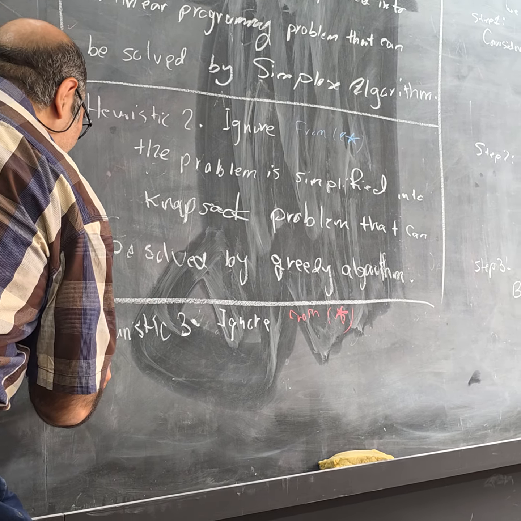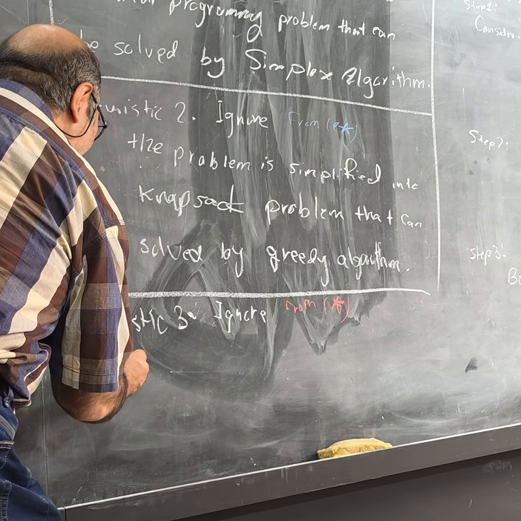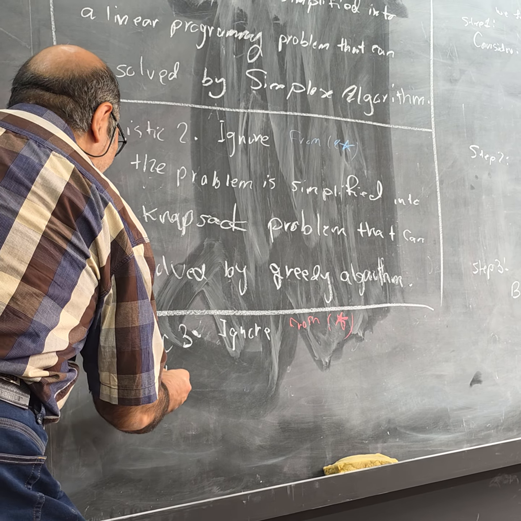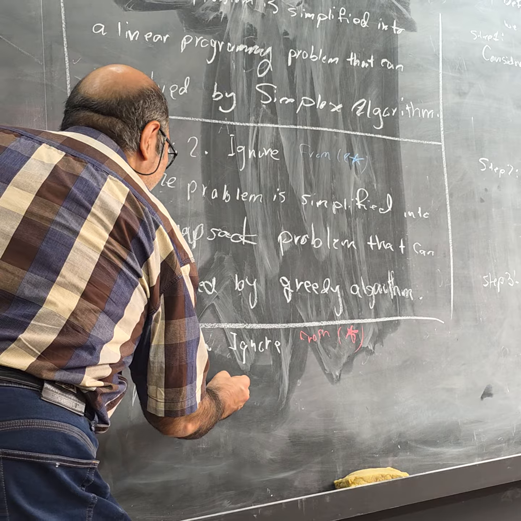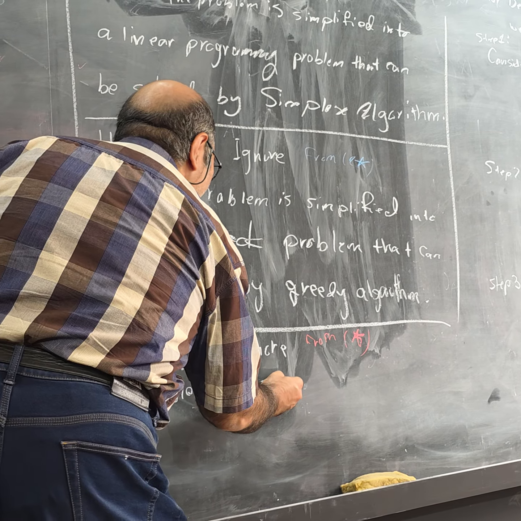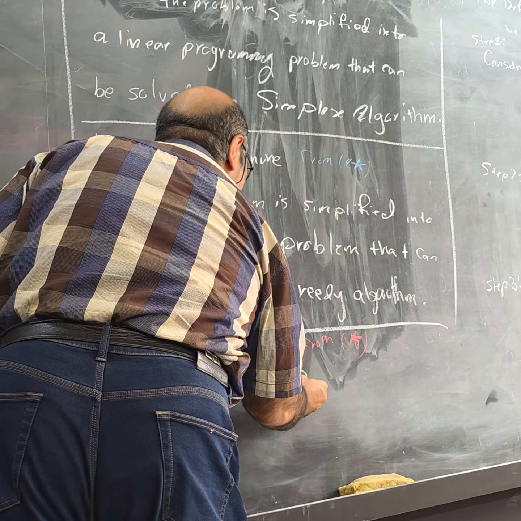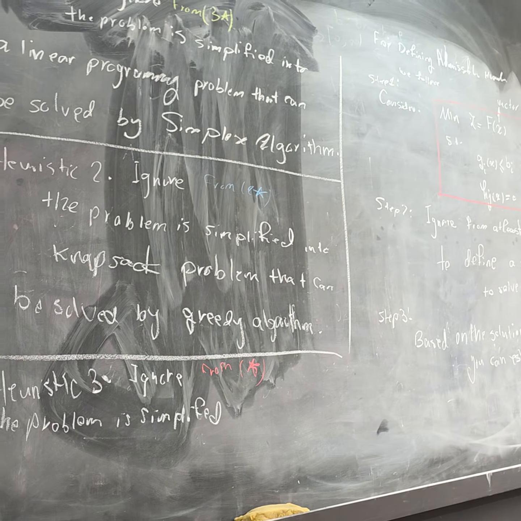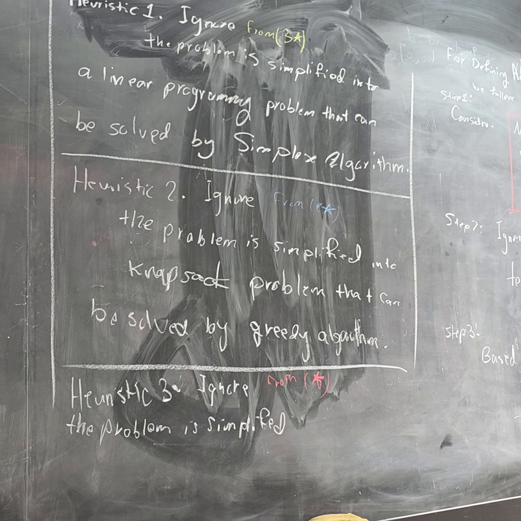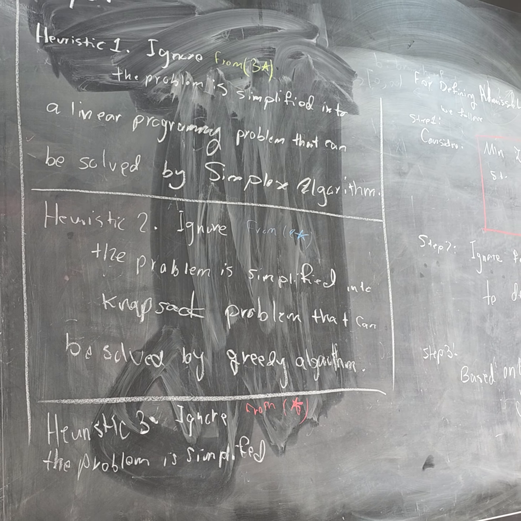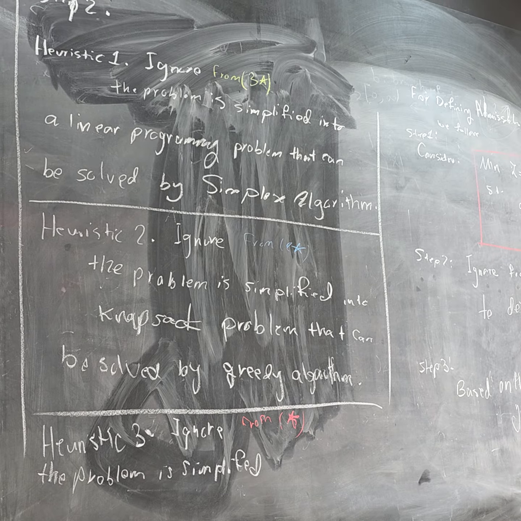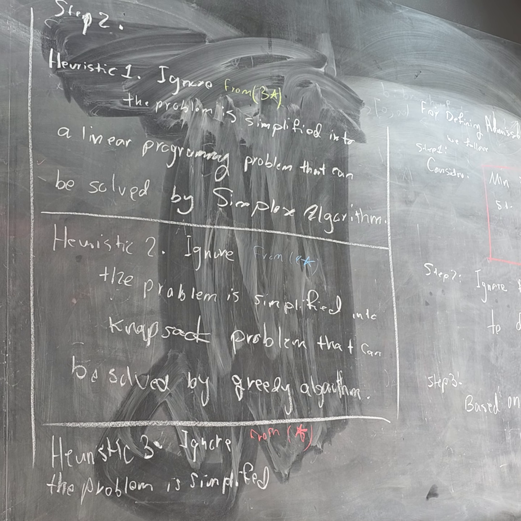The problem is simplified. Without this constraint, you just need to minimize this objective function with respect to the shortest path constraint.